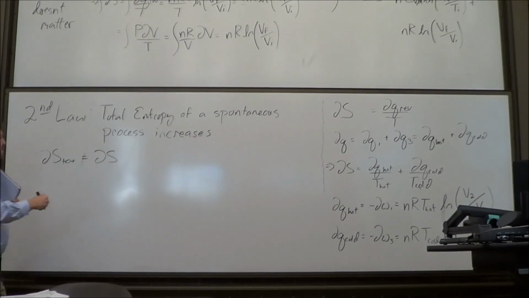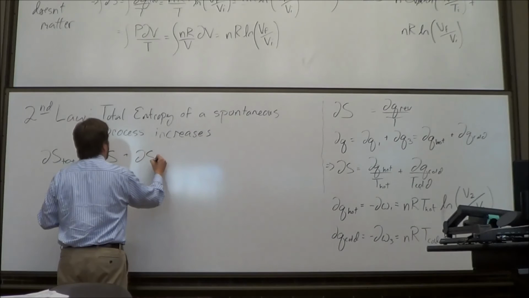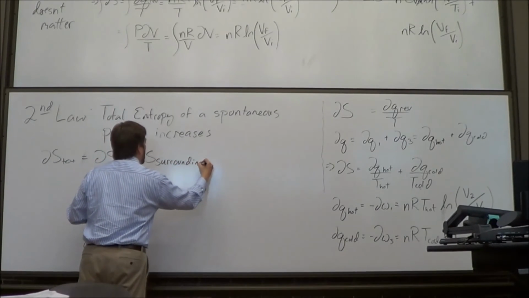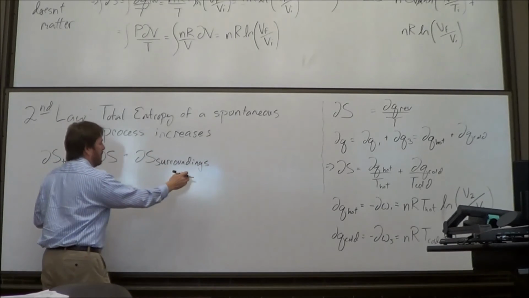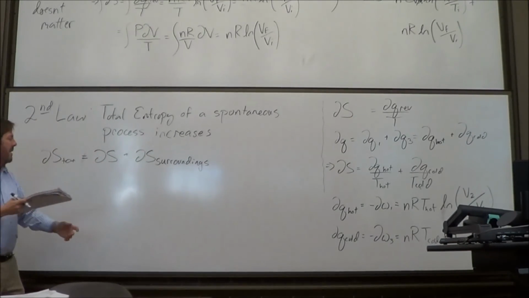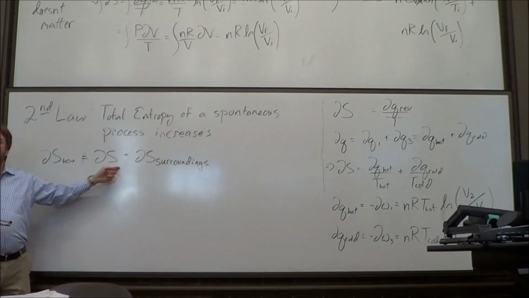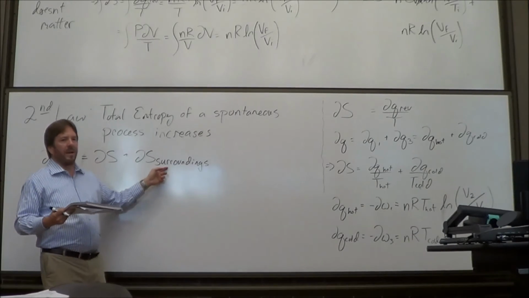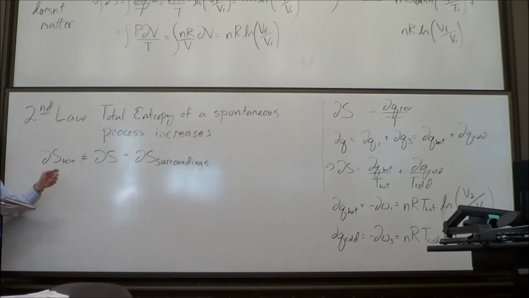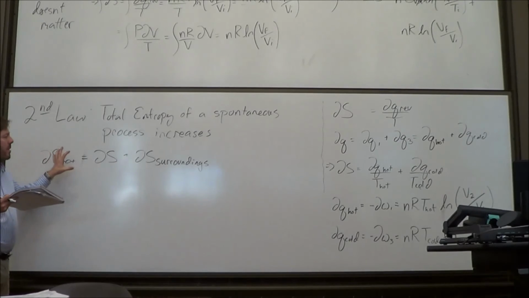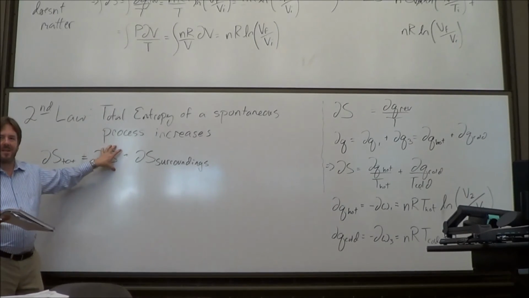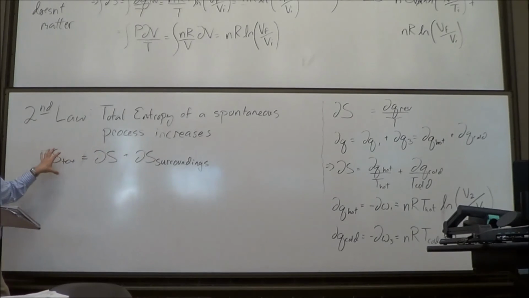Entropy change of the system plus the entropy change of the surroundings. And of course, I'm going to abbreviate that by SURR. So remember, I said this when I talked about pressure. If I don't give a subscript, it's the system. And that's going to be about 99% of the time. Surroundings will be surroundings, SURR, and the total is total. Again, this is important because the second law is not about the system, it's about system and surroundings.